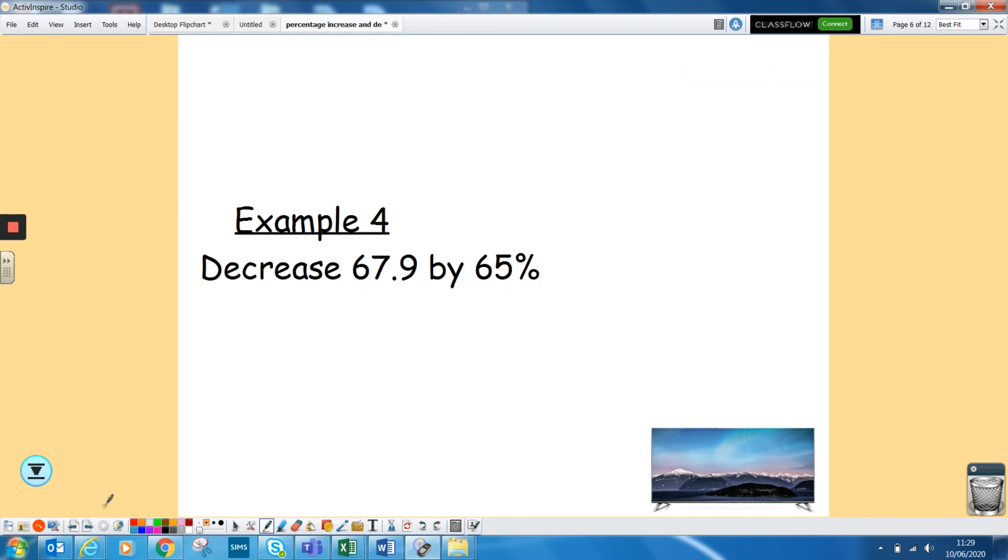Just one more quick example. Decrease 67.9 by 65%. Again, start with your 100%. Minus, because it's a decrease, 65 will leave you with 35%. Then 67.9 multiplied by 0.35.